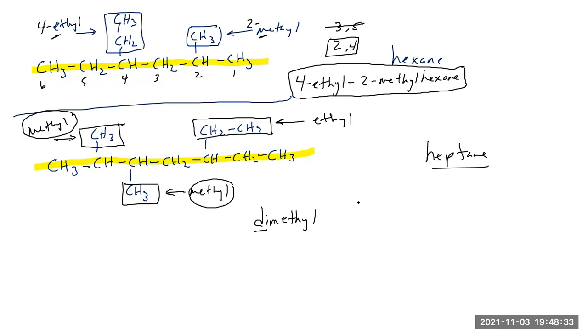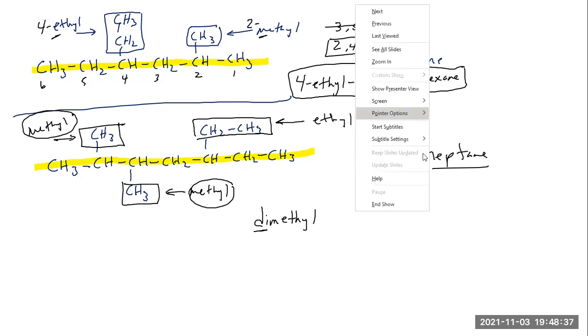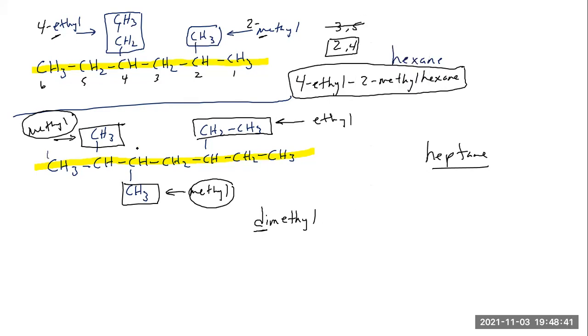All right, we are down to numbering here. So off we go number wise. Let us go left to right. We got a 1, a 2, a 3, a 4, a 5, a 6, and a 7. So going left to right, we got groups at carbon 2, 3, and 5.